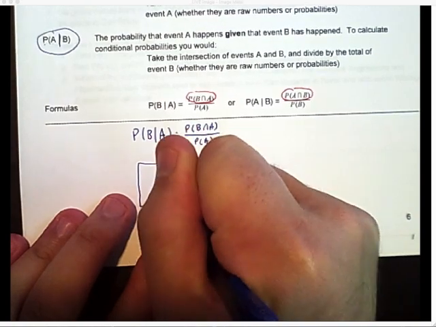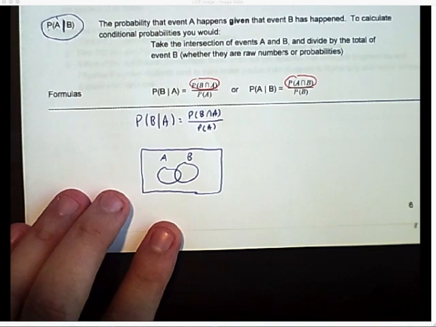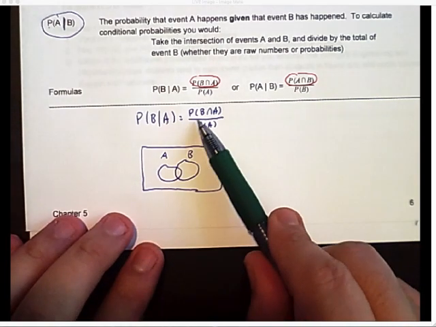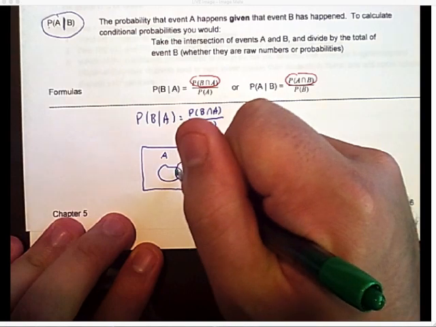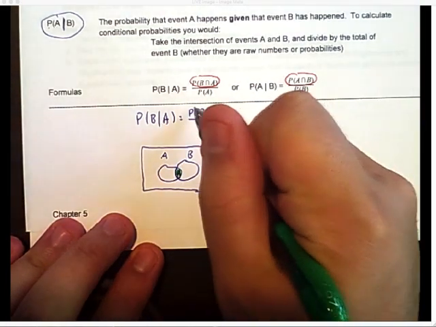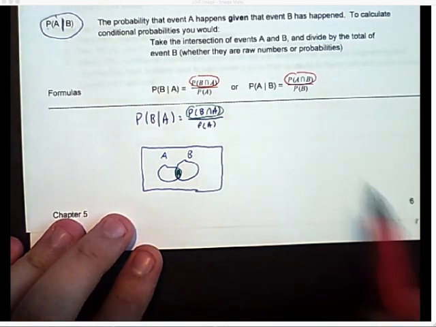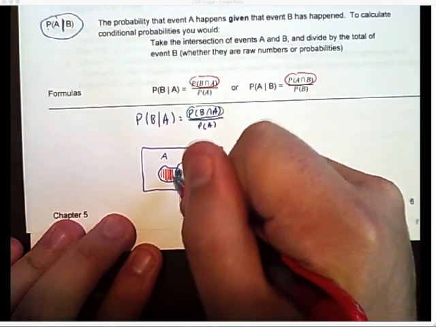There's circle A and there's circle B. Here, the top says the probability of B and A. That's the intersection part, so that's the green part. And we divide that by the probability of A, which is the entire A circle.